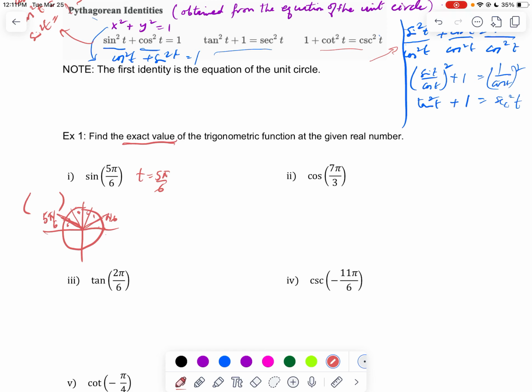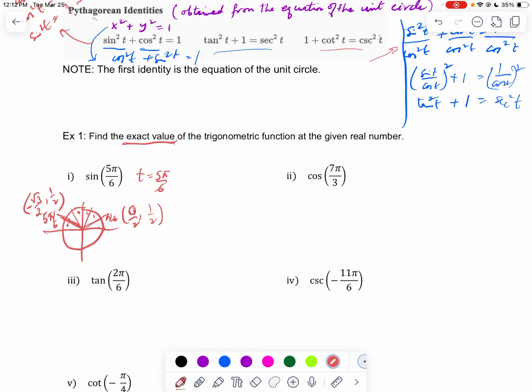Here we get square root of 3 over 2 comma 1/2. Those are the coordinates of pi over 6. And when you write the coordinates of 5 pi over 6, they will be the same values as for pi over 6, but the difference is that the x coordinate will have a negative sign because we are in the second quadrant.